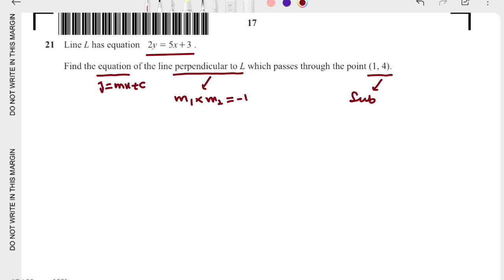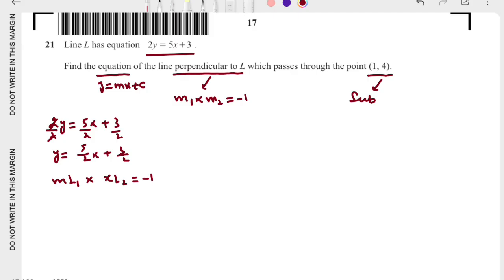So first of all we have to make y the subject. 2y is equal to 5x plus 3, so we'll divide by 2. So y is equal to 5 by 2 x plus 3 by 2. Now the gradient of line L multiplied by the gradient of the other line, which is unknown, is equal to -1.